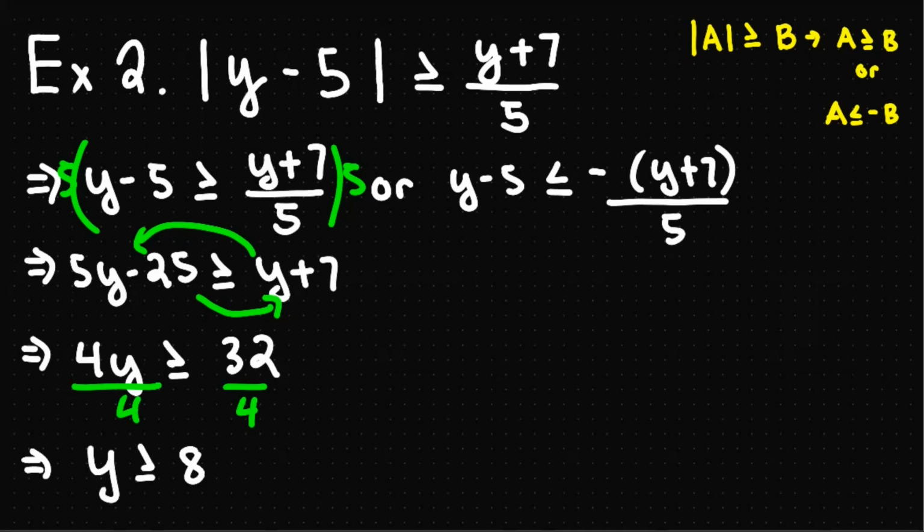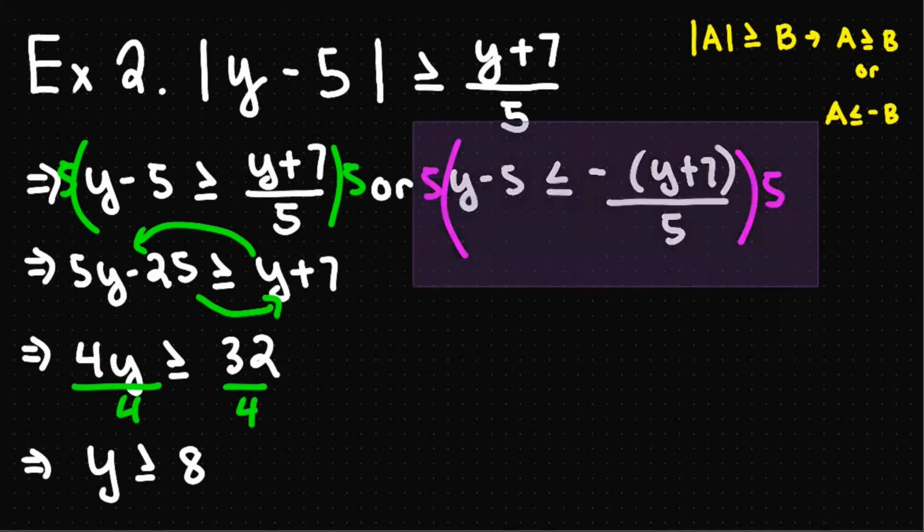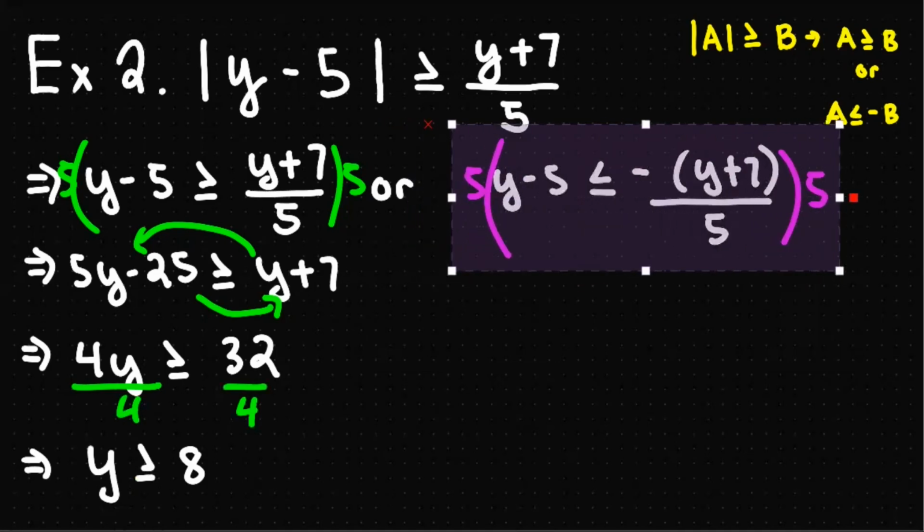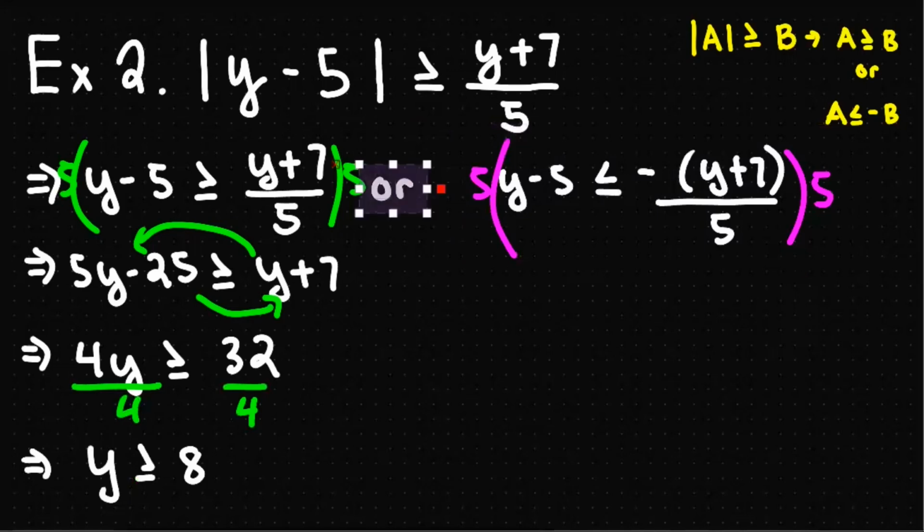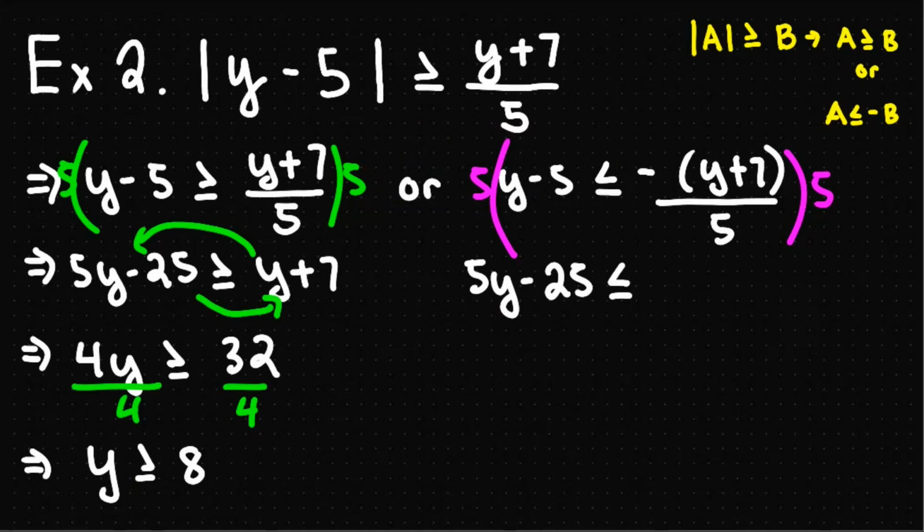For this next one, similarly, we multiply 5 to both sides to eliminate the denominator. Let's move this a bit to the right to avoid confusion. There. So we'll have 5y minus 25 is less than or equal to, let's also distribute the negative sign already, negative y minus 7.